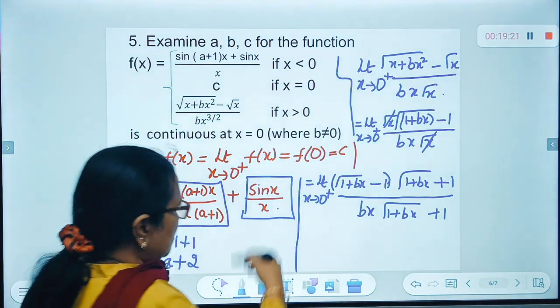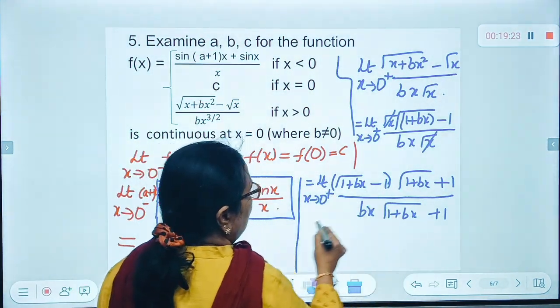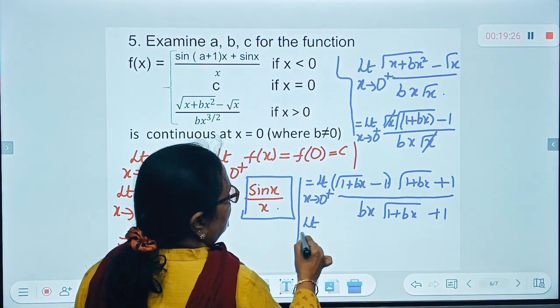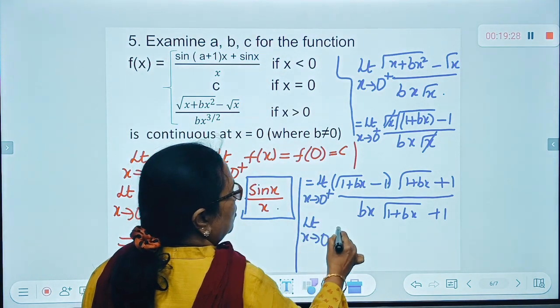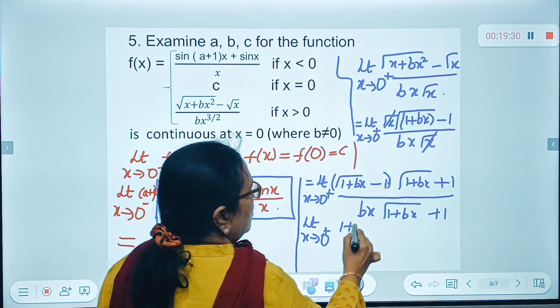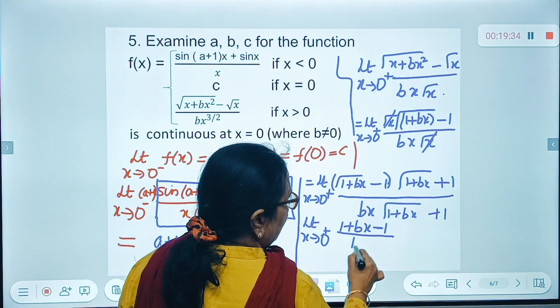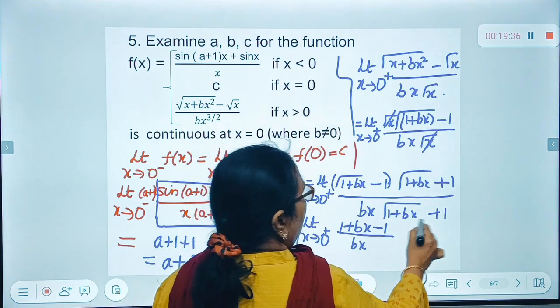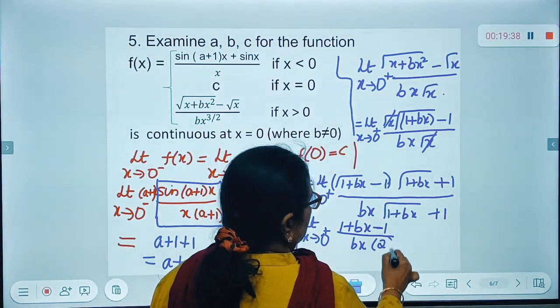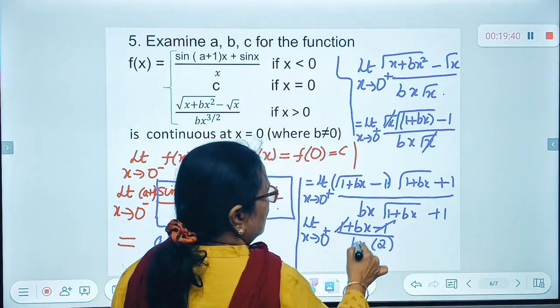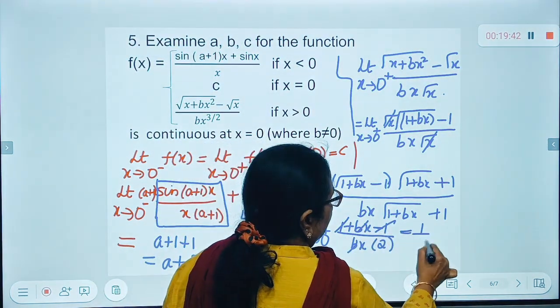This is of the form a minus b into a plus b. So this is limit x goes to 0, 1 plus bx minus 1 by bx into root of 1 plus 1, which is 2, giving you half.